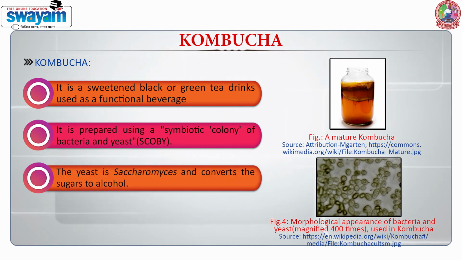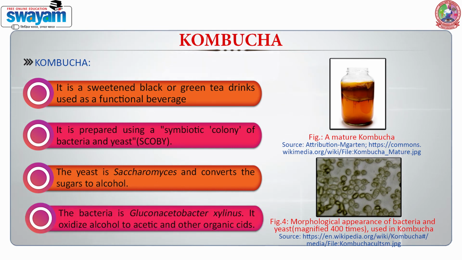The yeast used is Saccharomyces, and it converts the sugars to alcohol. The bacterial component of SCOBY is Gluconacetobacter xylinus. It oxidizes the alcohols to acetic and other organic acids.